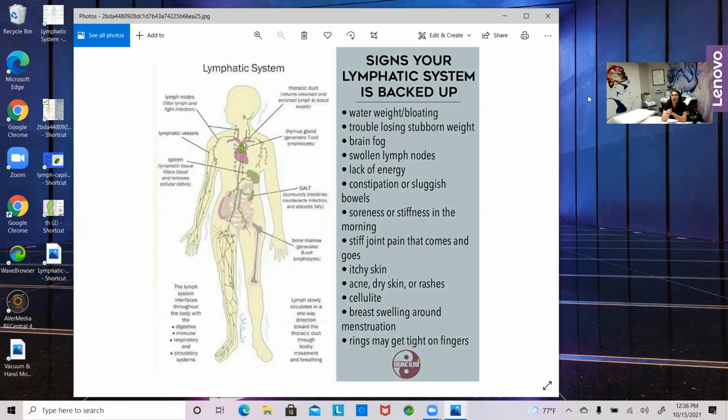So if we are dealing with a client that already may have a congested lymphatic system, or they may be slightly backed up, we need to be able to identify that so that we know how to coordinate their treatment. A lot of things that go on with women in general are due to sluggish lymphatic systems, particularly around the age of 40, or when our body is getting to the point where our hormone levels are changing, that can affect lymphatic movement.